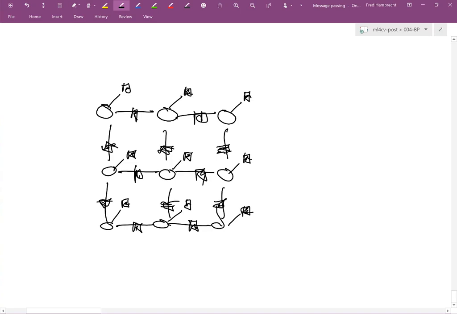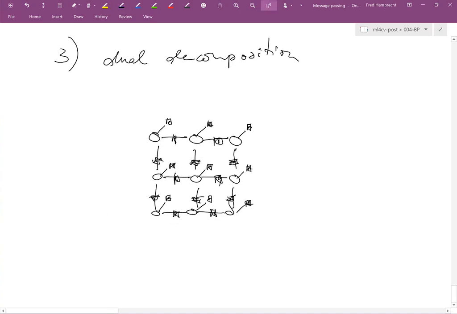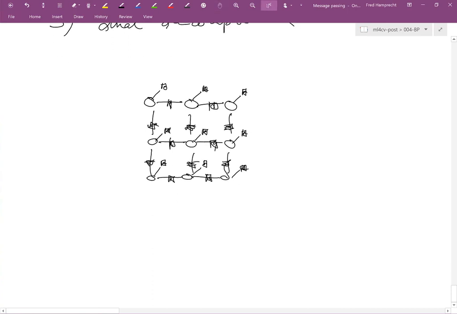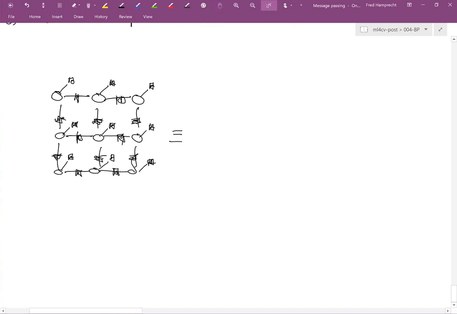Good. And I can now decompose this energy function into 2 terms. I can say this is exactly equivalent to the following. One model, let's say, this one here.